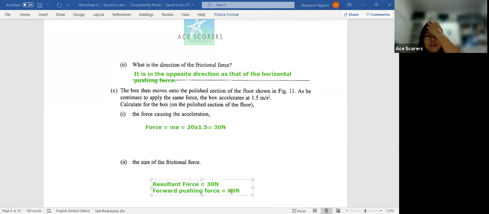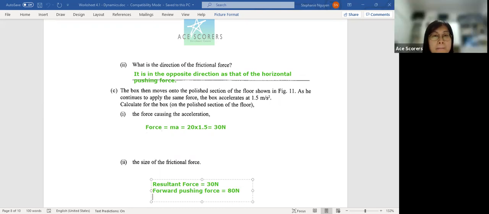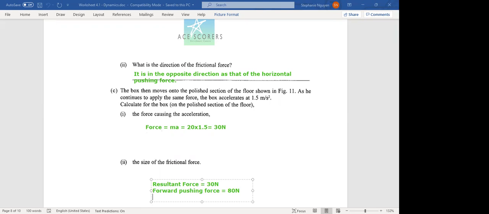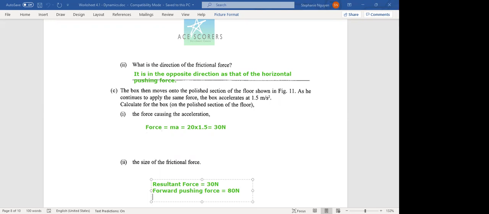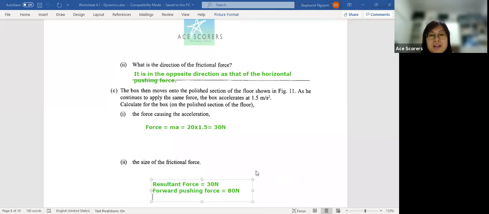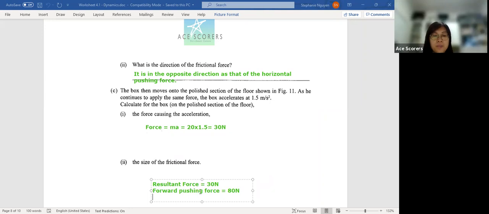So how do you think you can find the frictional force? Any idea? Jane, any idea? 50, correct. Because the resultant force is 30, forward force is 80.